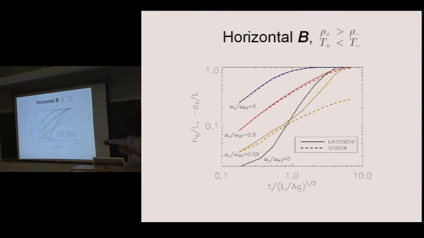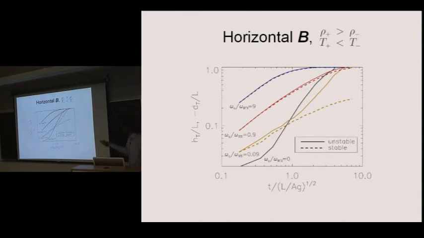This is what the height looks like as a function of time if you also have a horizontal magnetic field, but with a Rayleigh-Taylor unstable interface. In this case, there are two regimes. Initially, it doesn't make any difference if your contact discontinuity was stable or unstable, because your height is increasing just due to diffusion. In this case, it's due to perpendicular diffusion from these numerical issues.